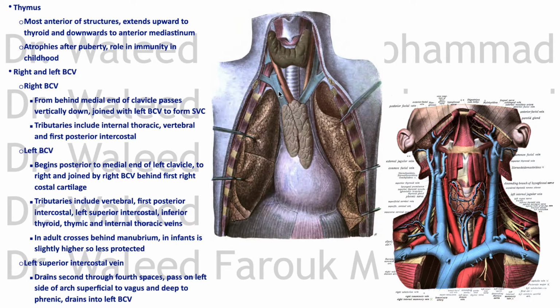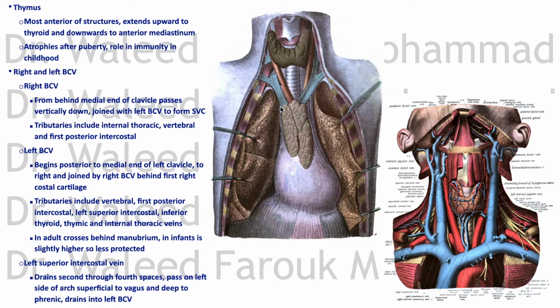We said the right one is formed behind the right sternoclavicular joint, and joined by the left one behind the first costal cartilage. So it has a short course actually. Tributaries include the vertebral veins, the internal thoracic veins, and the first posterior intercostal vein.